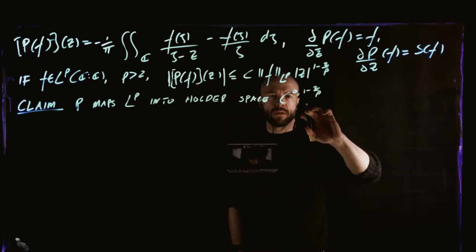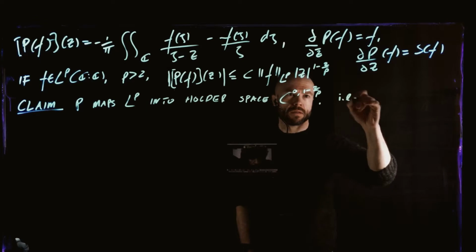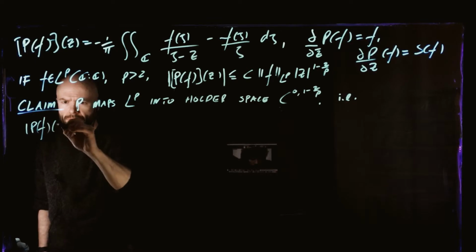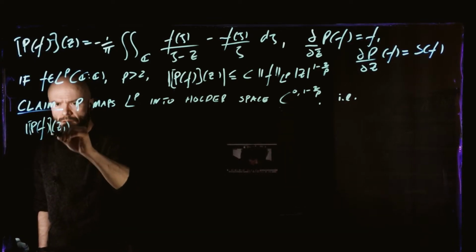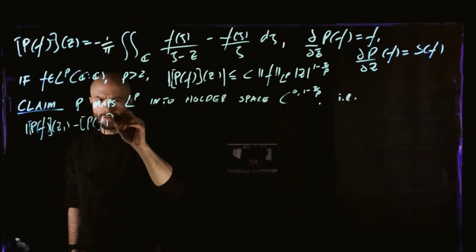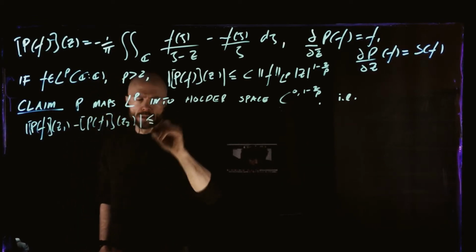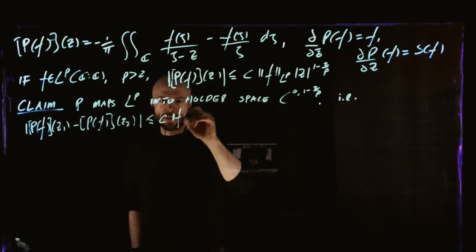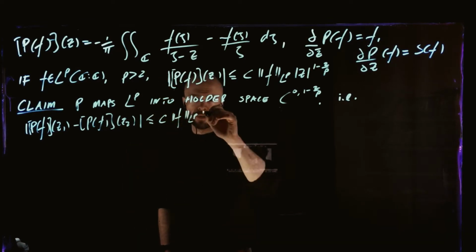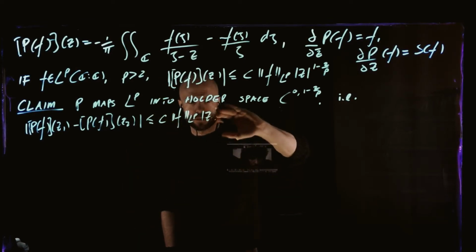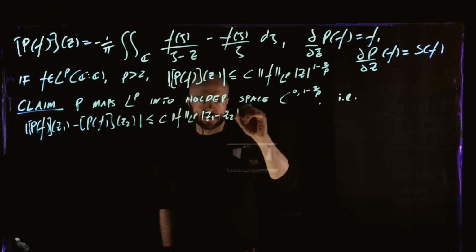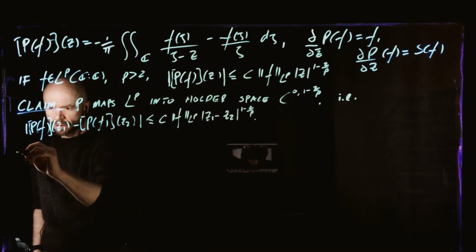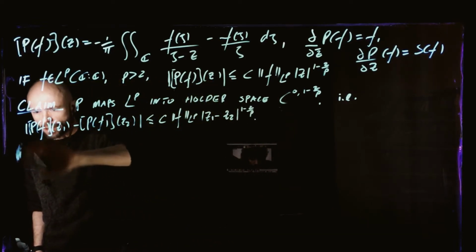Not sure if that's the way I should write it. i.e., if we have P of f of z1 minus P of f of z2, it is less than the same constant, the LP norm of f, and then z1 minus z2 to the 1 over 2 over p, which will be something that we will use shortly. So, why is this the case?